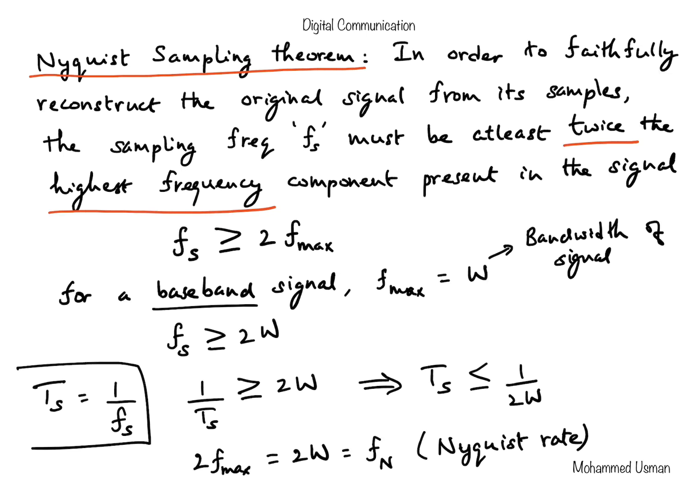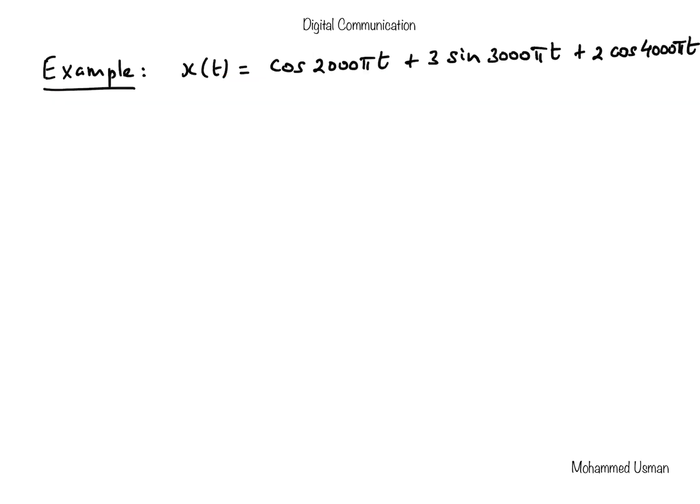Before we discuss the effect that happens if this condition is violated, let us quickly work out an example of finding the sampling frequency for a signal which constitutes multiple frequency components. So let's have a quick look at an example where we have a signal x of t which is comprised of 3 frequency components. So we have a cosine of a frequency f1, another frequency f2, and a third frequency f3.